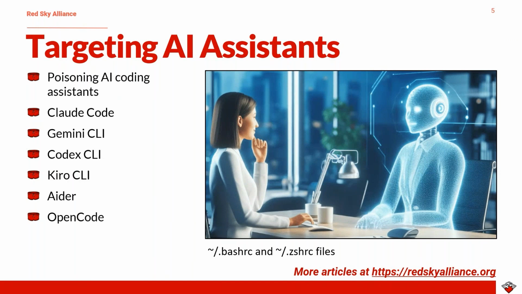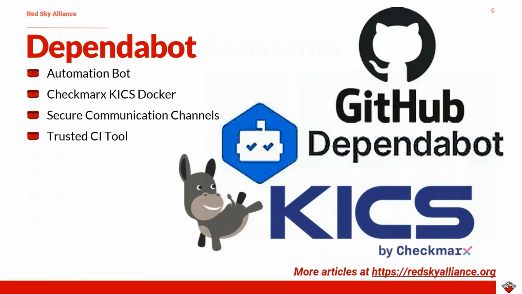This step is crucial because by injecting this code here, the malware ensures it runs automatically every time a developer opens their terminal. An interesting discovery is that the initial access vector was Dependabot, which, remember, I previously explained as a trusted, and I stress trusted, automation bot built into GitHub.